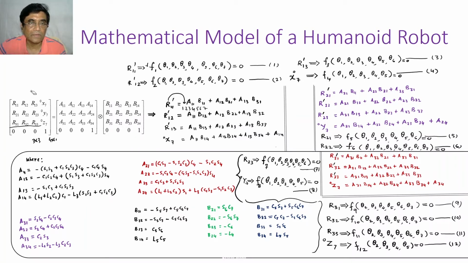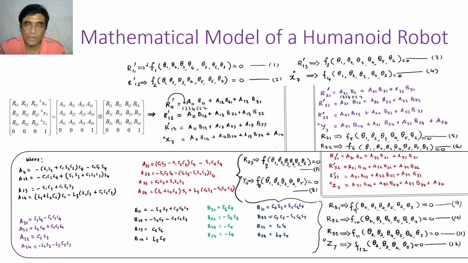R13 is actually A21 times B11-type terms. What variables are there? Theta 1, theta 2, theta 3, theta 4 for the first factor, and theta 5, 6, 7 for the second. I do it like this so that you will not make any mistake. Is it correct?